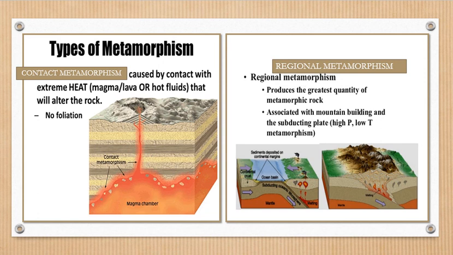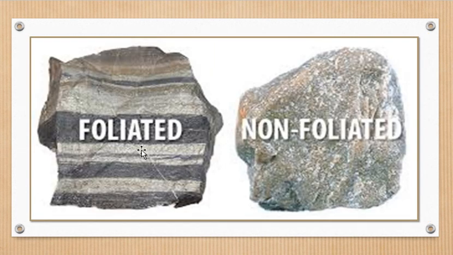Here is an example picture of foliated and non-foliated metamorphic rocks. Foliation refers to the stripes or flat layers of rocks because they are squeezed by pressure.